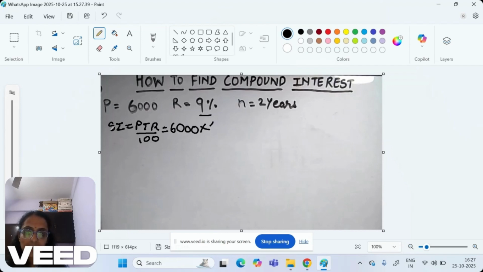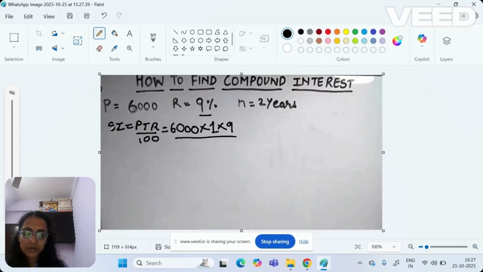So here the time is 1 and the rate of interest is 9, and the value will be 540 rupees.